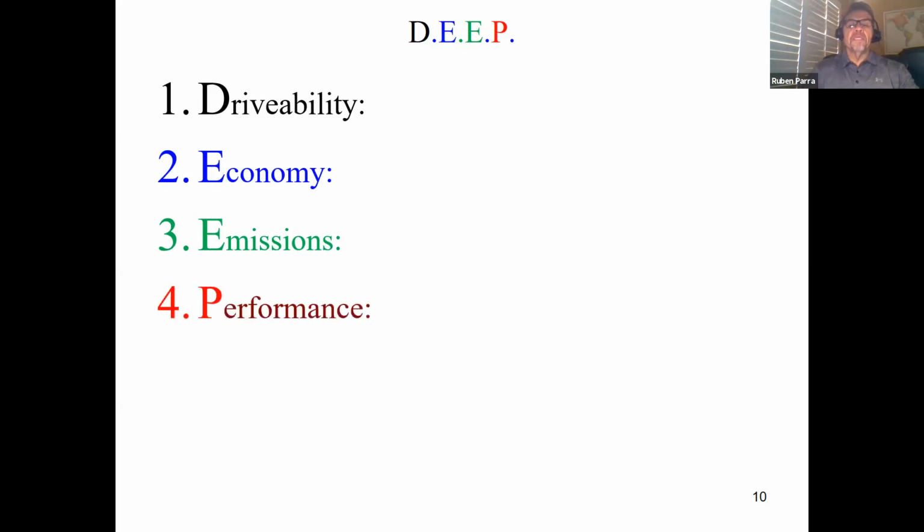And then performance. I don't care how much economy you get in a vehicle or how low your emissions are. If the performance is not acceptable for the customer, it isn't going to happen. So the performance has to do with when I step on that throttle to pass that diesel as I'm entering the freeway, does it respond correctly? Does it give me the driver expectation that I think this vehicle should have?